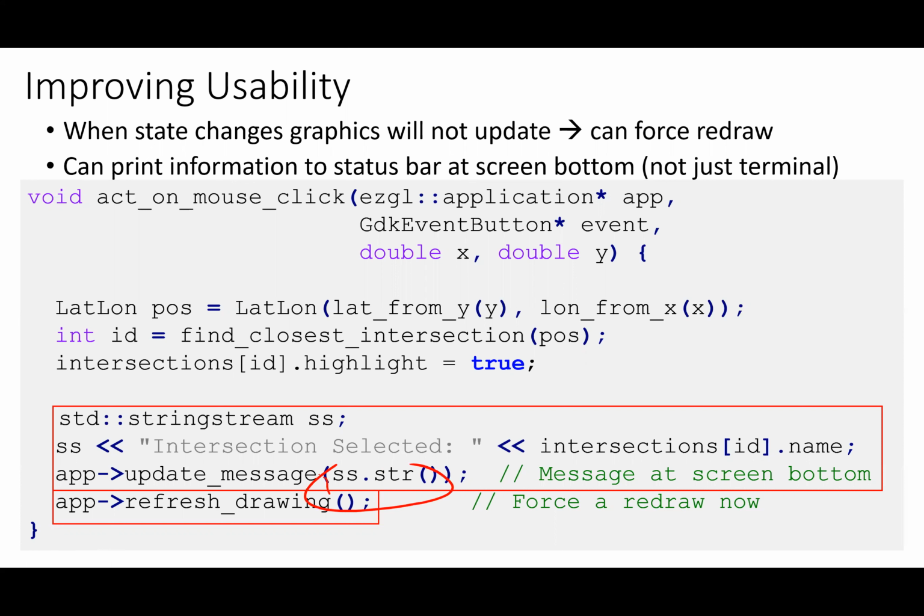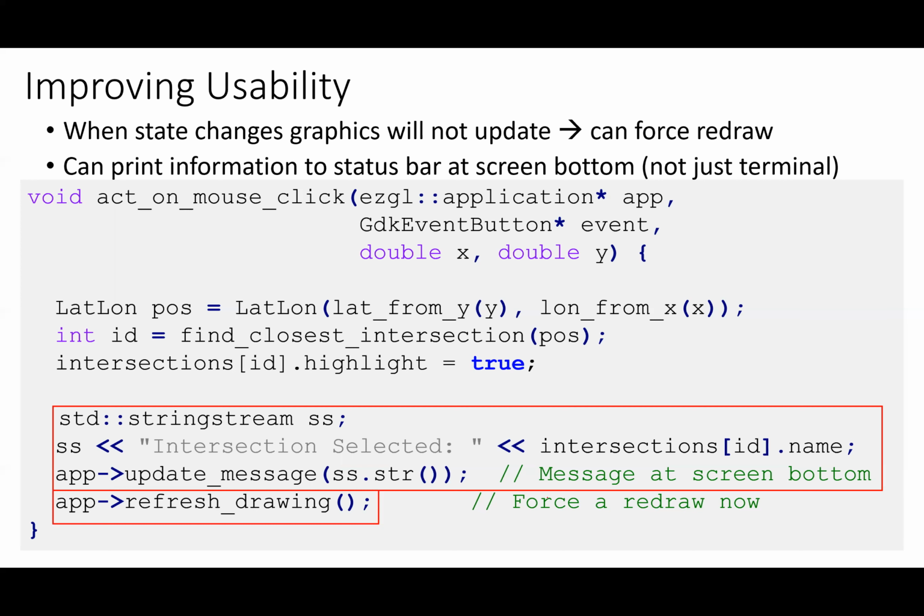So you go to c++.com, you look at string stream, it'll tell you that's how you get the string out of it. So I'm basically getting the string that I've created with string stream, and I'm passing it into a function call called update message. Update message is a function call inside EasyGL that you get at in the application class.